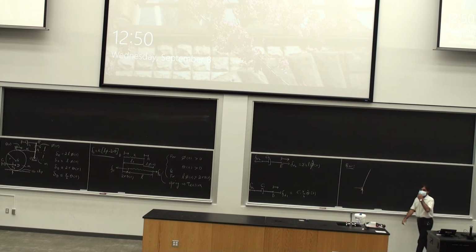I'm going to have pin reactions. I'm going to draw the bar at some deflected position at some time t. So this is Oy, Ox. I'm going to have the weight of the bar acting at the center of mass, mg.